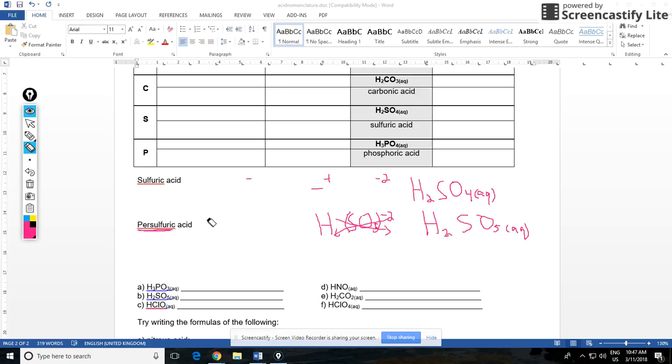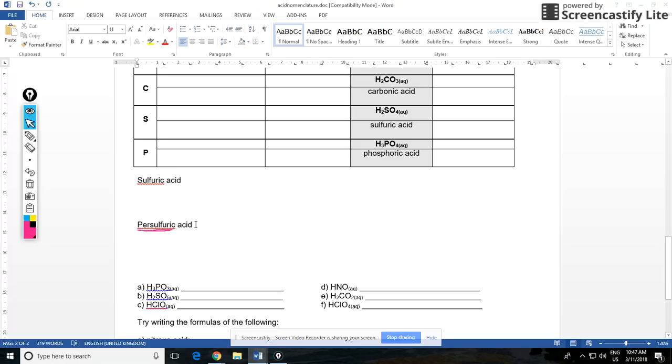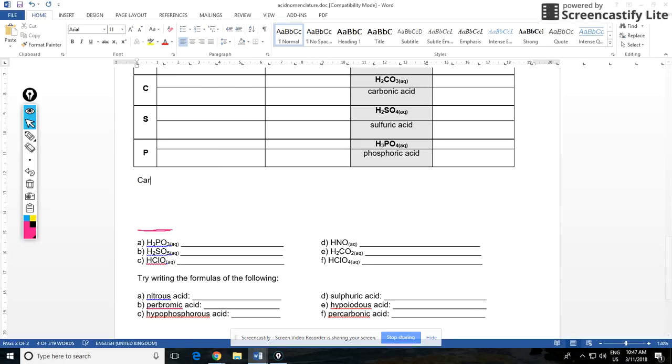You might have carbonic acid. So if you have carbonic acid, you begin to realize it's not binary because there's no hydro in the front. Because you see ic at the end, it was probably an ate here, so this was carbonate.